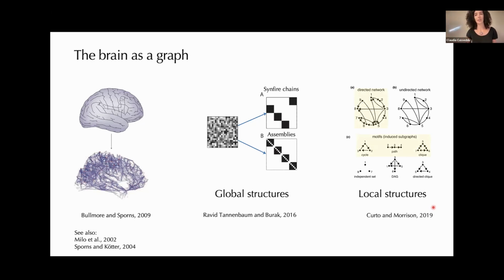But we can also zoom in and look at local structures, and here we can focus on just a few neurons and analyze how they are connected to each other. Therefore, taking into account just a few neurons and also the direction of connections that they form, we treat the circuit as a directed graph. These small connectivity patterns are called motifs, and this is what I want to focus on in my work.